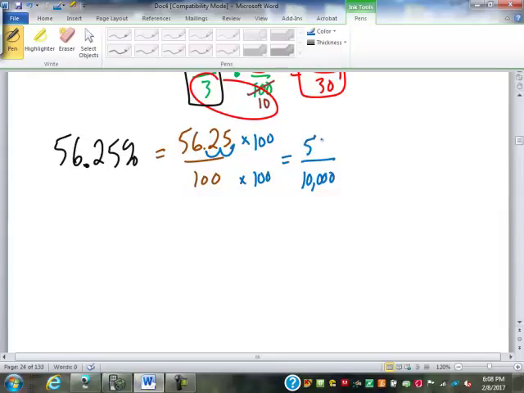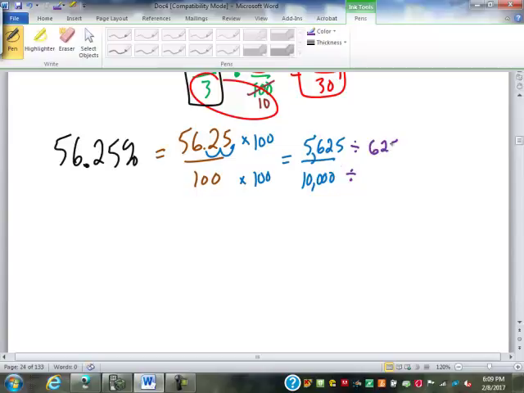56.25 times 100 is 5,625. And then we have to reduce that. Now I'll let you think for a while. We're going to see what we can divide both of those by. 25. 5 and 25. Is there anything bigger? 125.